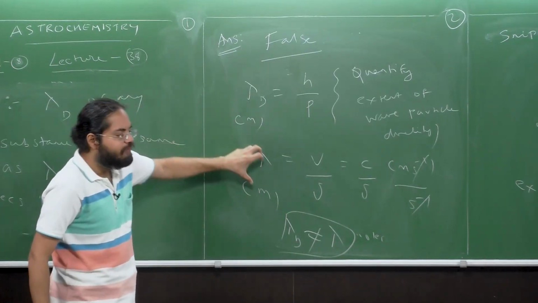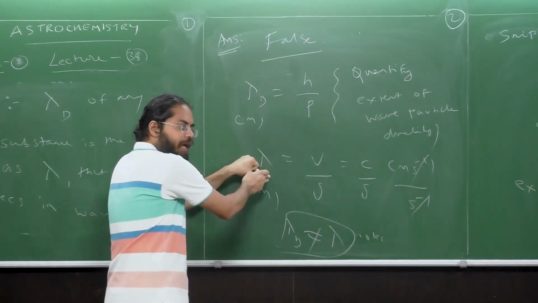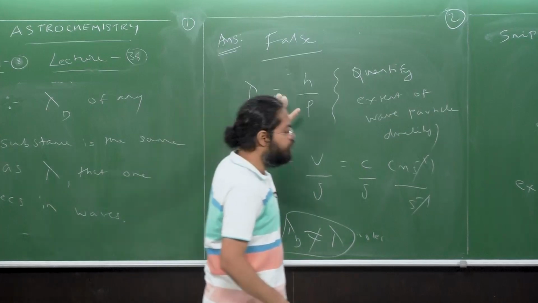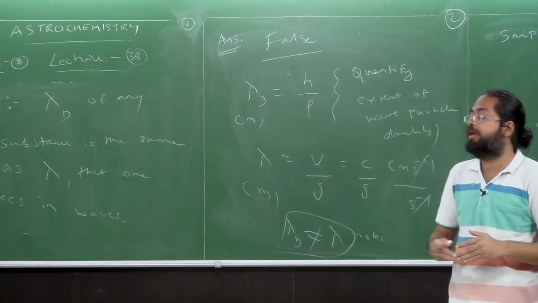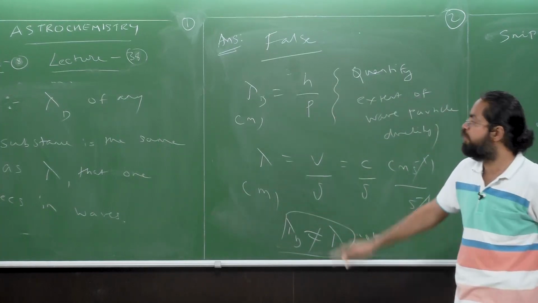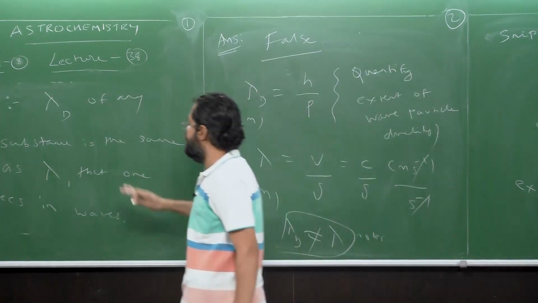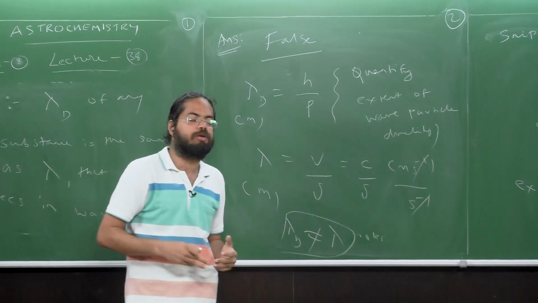The wavelength is a fundamental property of a wave, whereas the de Broglie wavelength can be defined for anything. A wavelength can be defined only for a wave. Please note this difference. The de Broglie wavelength is not the same as the conventional wavelength that you encounter in the study of waves.